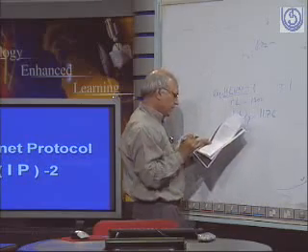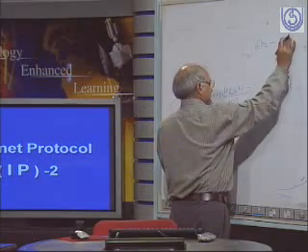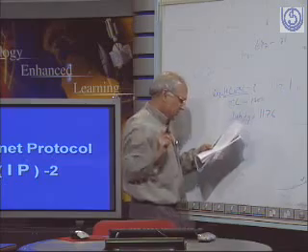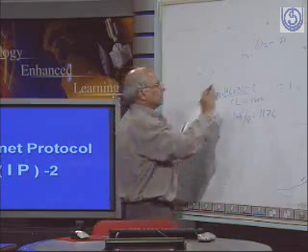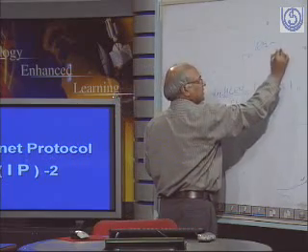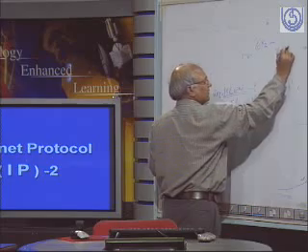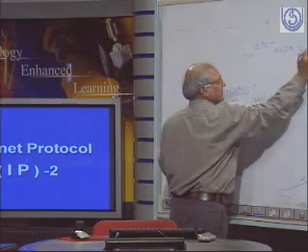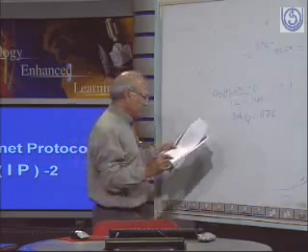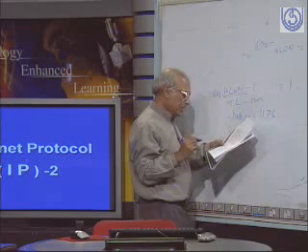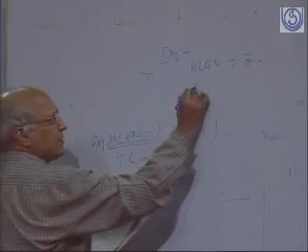You have an IP datagram, the value of HLEN is 7, and you have to find out how many option bytes are present.